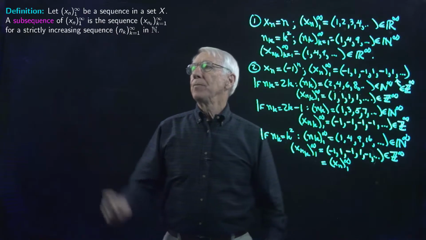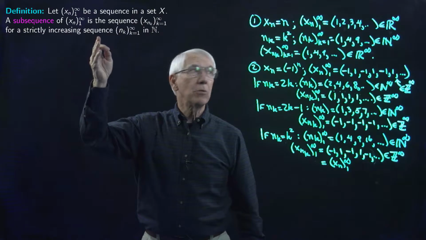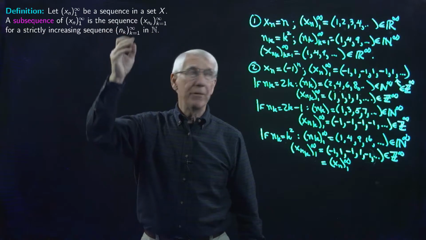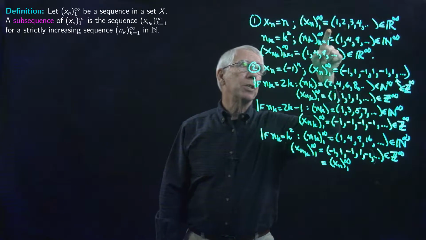But of course, the set of sequences in the set X is X infinity. So R here is playing the role of X because this is a sequence of real numbers.